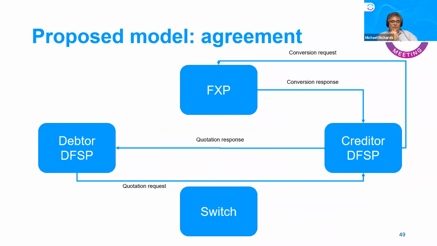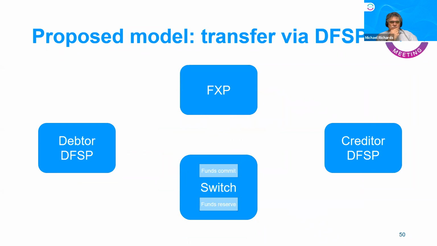In the proposed model, well, it's not very different in the agreement phase, except that it's the creditor DFSP who is talking to the FXP and not the switch. But things are, I think, simpler in terms of the transfer. Transfer request goes to the switch, funds are reserved. Sorry, when I say funds are reserved, I mean both the debtor DFSP's funds and the FXP's funds are reserved.